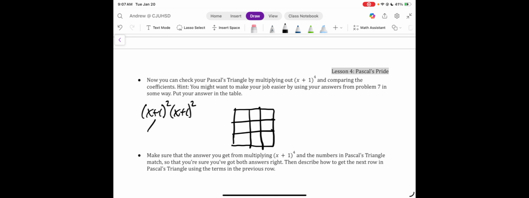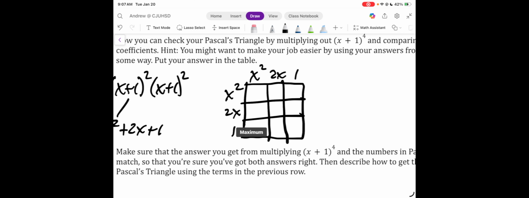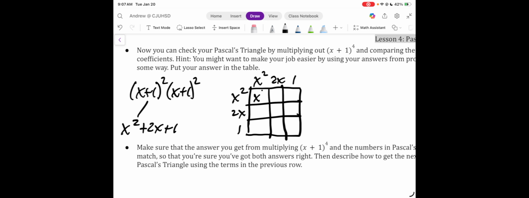And then we know that each one of these is x squared plus 2x plus 1. So x squared, 2x, 1, x squared, 2x, 1. This is one of many possible ways to do this, by the way. You don't have to do it this way, but this would be x to the 4th, 2x cubed, x squared, another 2x cubed, 4x squared, 2x, x squared, 2x, and 1.